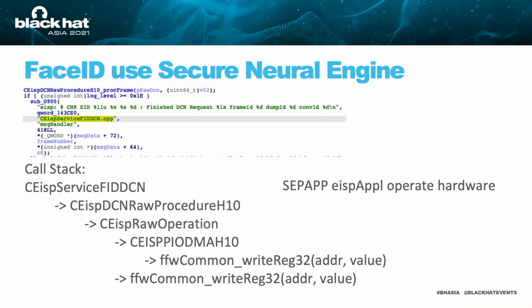FaceID directly manipulates the hardware registers to realize the calculation process of the neural network. The call stack in the slide simply shows the calling relationship between classes during the calculation. These classes will extract information from static hard-coded data, calculate the register address and the value that need to be written, and then call the function to write.